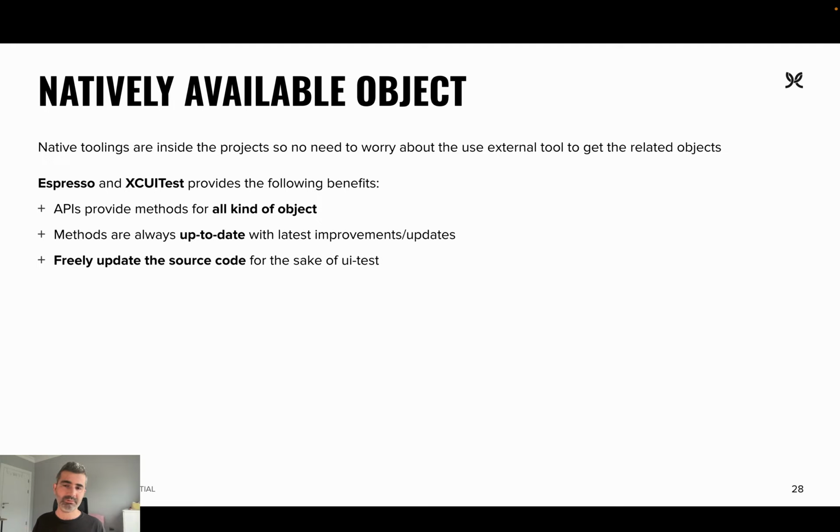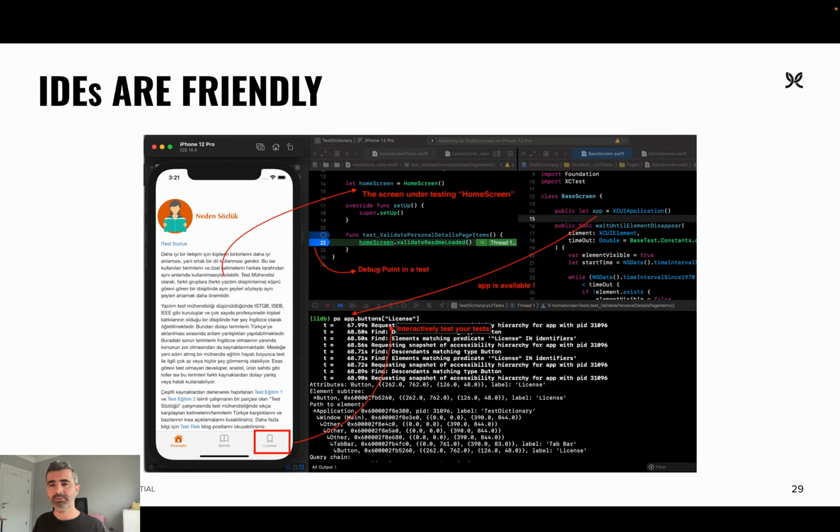I should wait until it is supported by the Appium community or Calabash community. So it is always up to date with the latest update, and I can also update the source code for the sake of better UI tests. Everything is natively available to me.